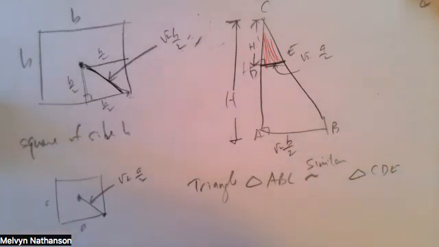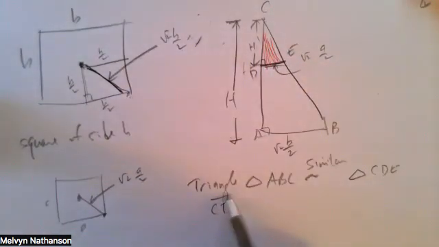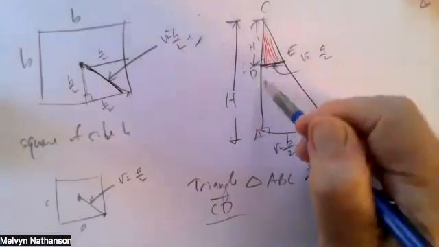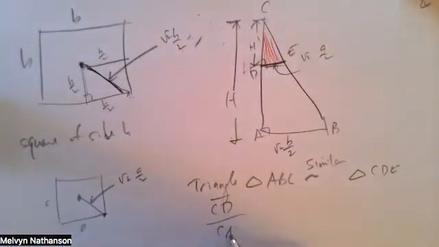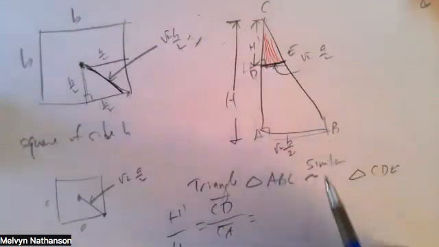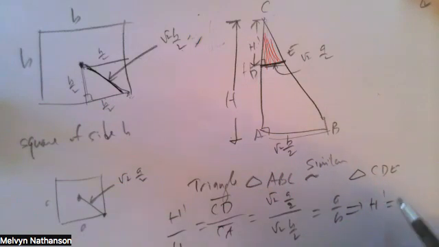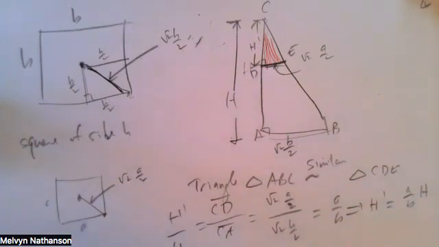So the ratio of the sides are proportional. The ratio of the length of this line from C to D to the line from C to A, which is exactly H prime over H, is going to be the same as the ratio of this line to this line, which is the square root of 2 A over 2 divided by the square root of 2 B over 2, which is A over B. So capital H prime is A over B times H.